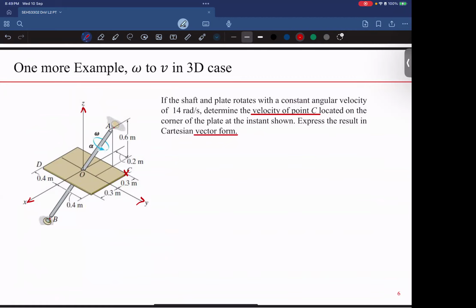And what is the velocity? You can see we just stop here. What is the velocity? We can see the velocity is tangential to this circle and perpendicular to the shaft, right?